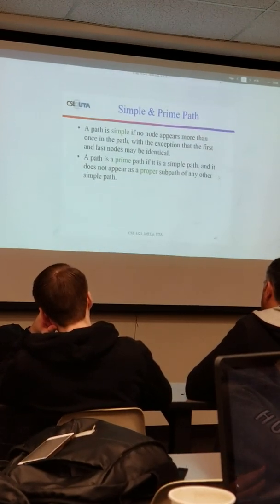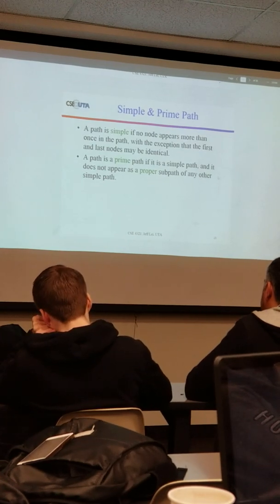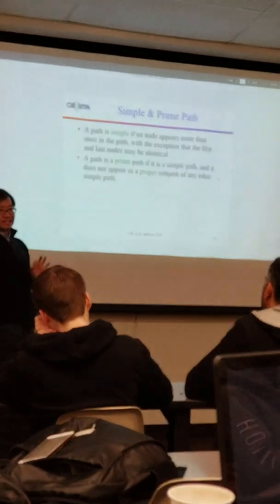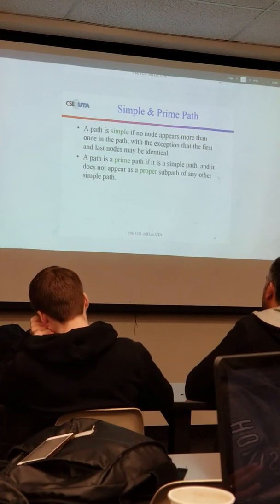We have two important concepts. One is called a simple path. You can look at the definition of a simple path. One way to understand this concept is that a simple path cannot have internal loops.